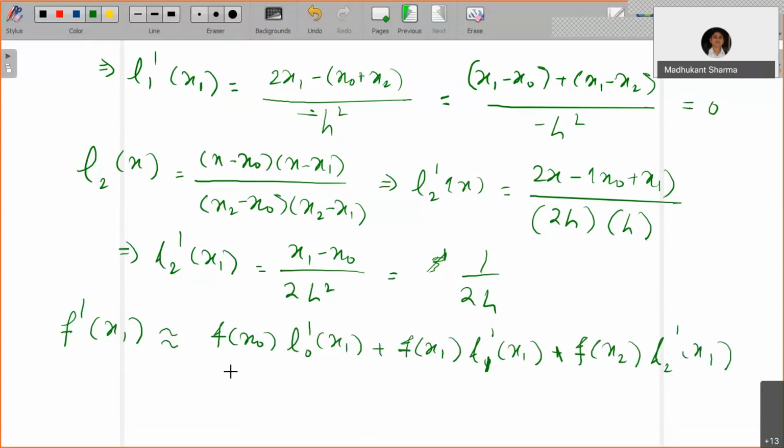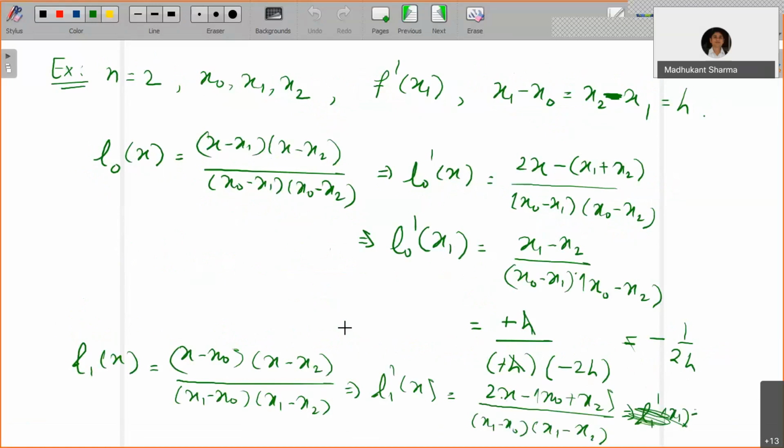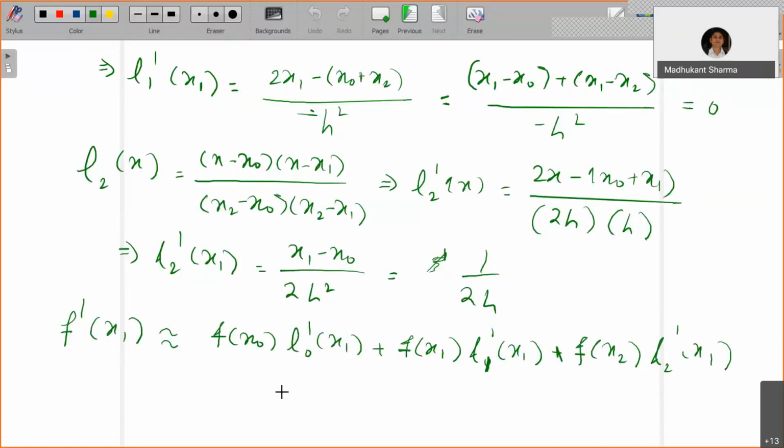It's an approximation. So f of x0, f of x1, and f of x2 are the values. x0 is x, and x2 is x0 plus 2h. Okay, but L0 dash at x1 is minus 1 by 2h, and L2 dash at x1 is 1 by 2h, and the middle term is 0, so it does not contribute anything.